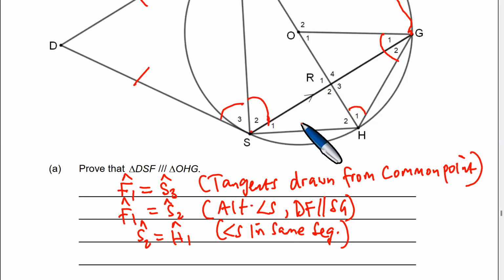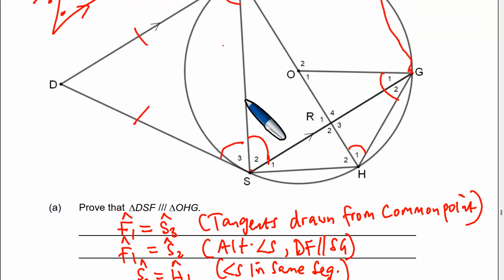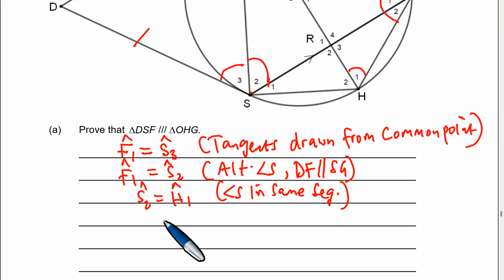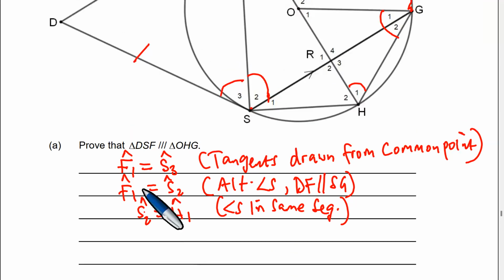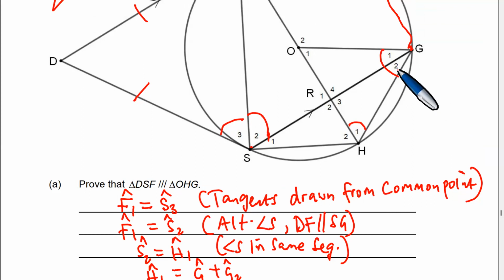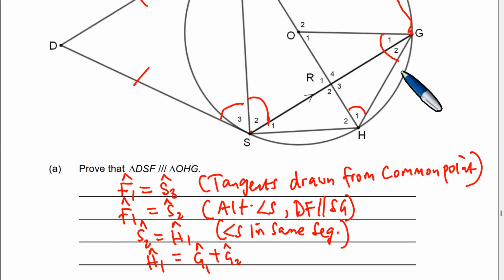So we are done with this question. Once you start from a triangle and get two angles that are equal, the third ones are the same. So angle H1 is equal to angle G1 plus G2.